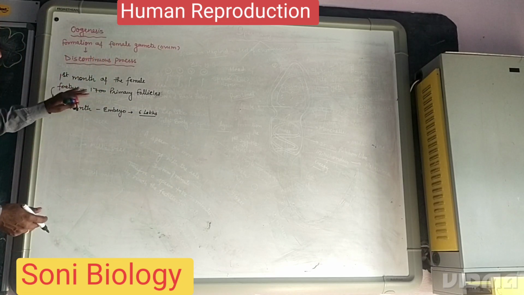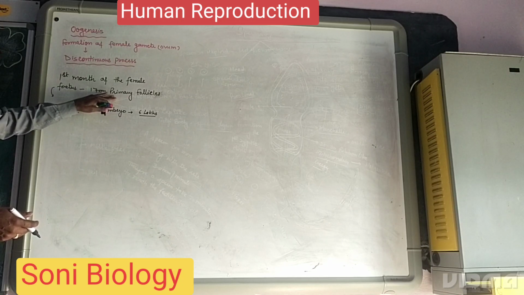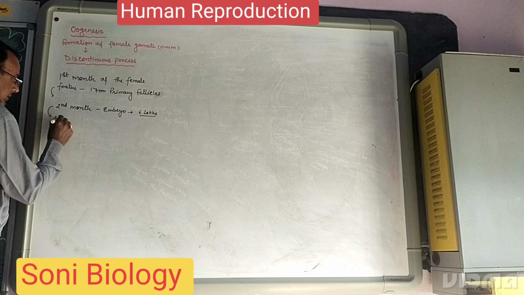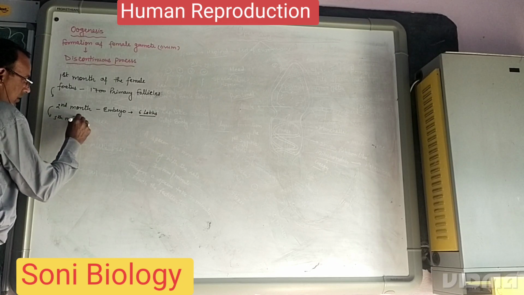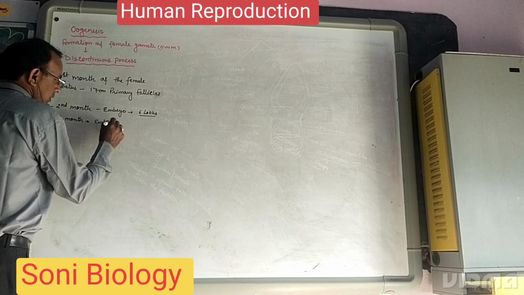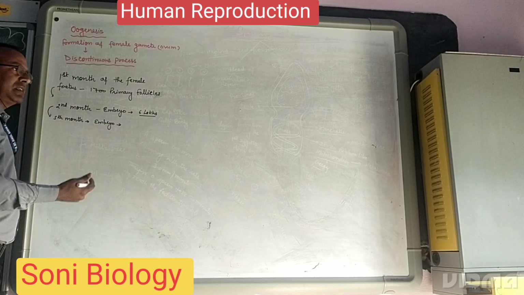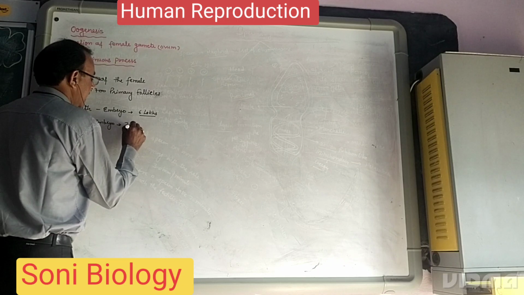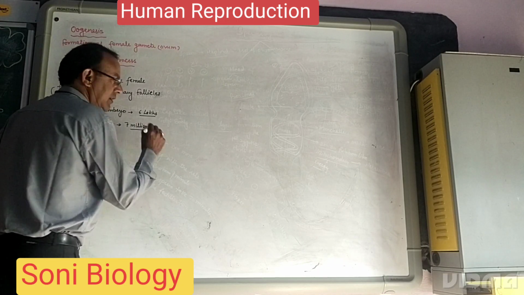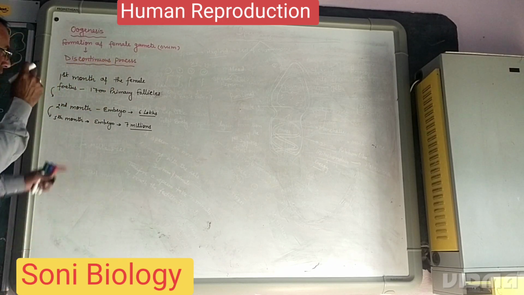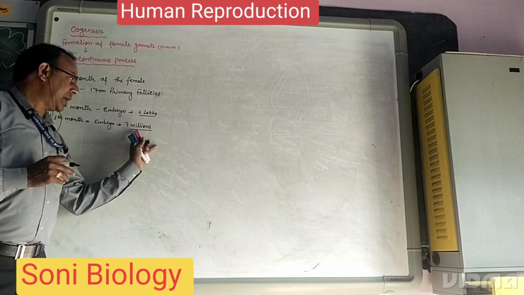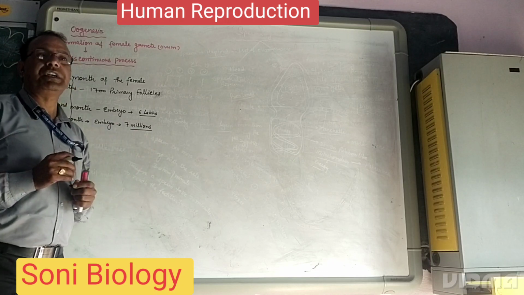At the end of the 5th month of the embryo, the number of primary follicles increases to 7 millions. After the 5th month, these primary follicles start to degenerate.